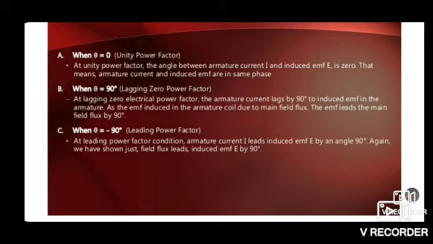As the EMF induced in the armature coil is due to main field flux, the EMF lags the main flux by 90 degree. When theta equals minus 90 degree, there will be a leading power factor. At leading power factor condition, armature current I leads induced EMF E by an angle of 90 degree.